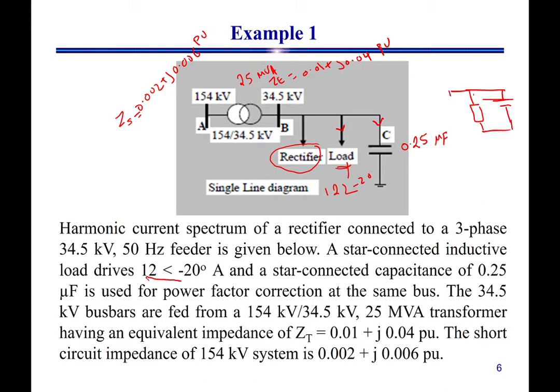Okay, I have over here the harmonic current. I have over here the impedance of the transformer. Okay, so this is bus B, and over here I have bus A, and then I have the impedance of the source.